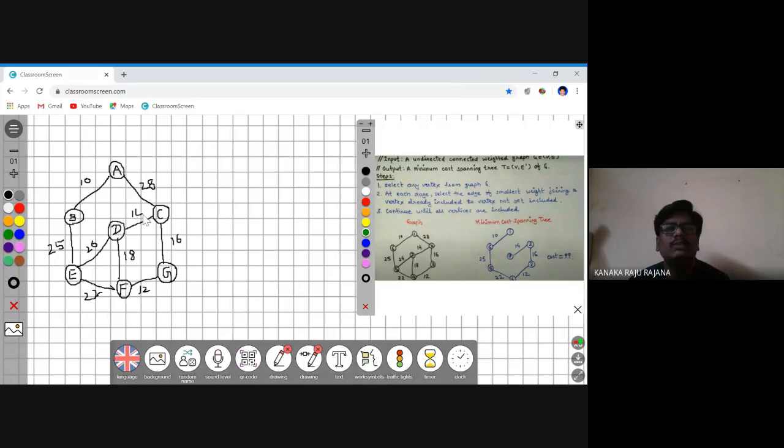This is the given undirected connected weighted graph. Is this clear? Please message me.